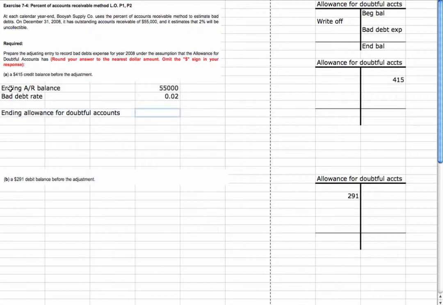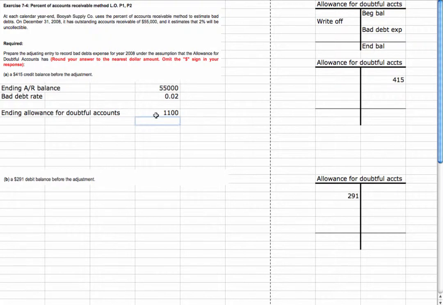And so from an equation standpoint, take my $55,000 times 2% to give me my balance should be $1,100.